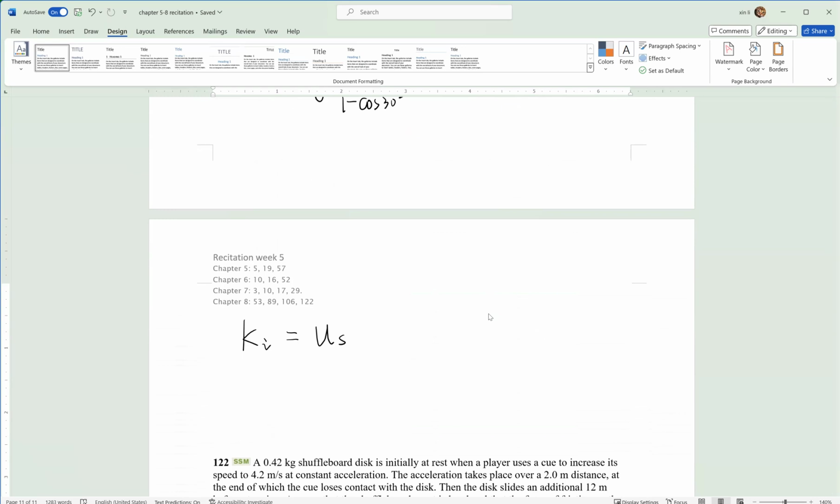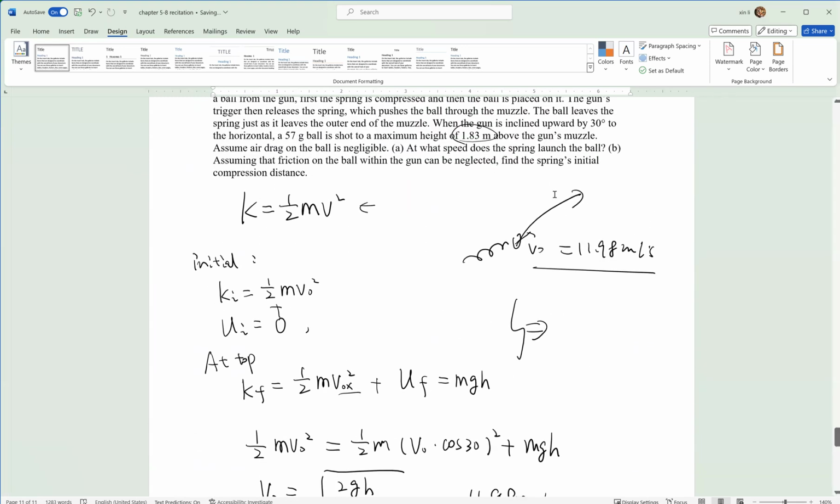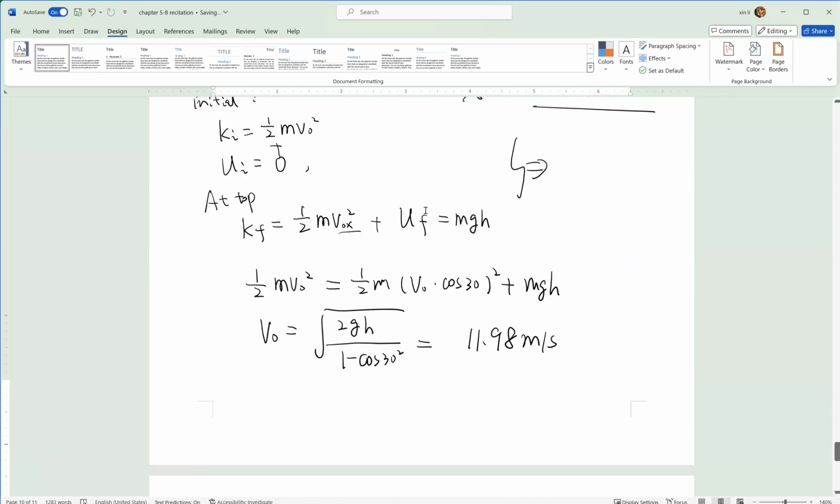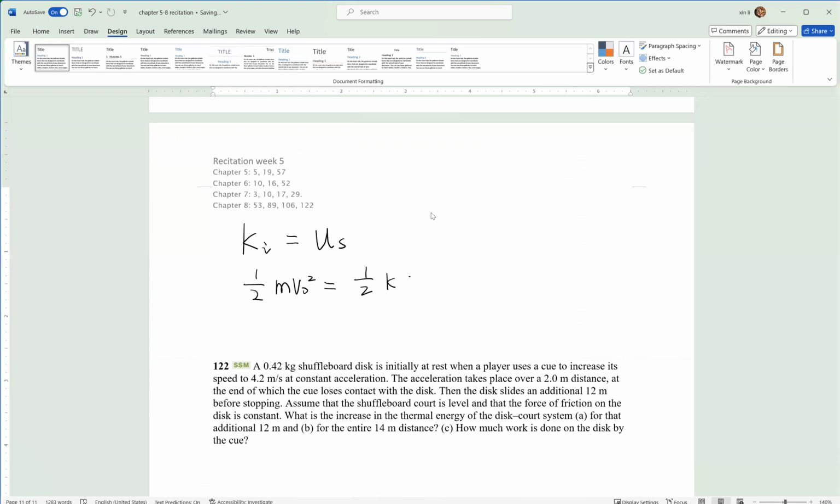Can we just do 1/2 mv initial squared equals 1/2 k compression delta x squared?